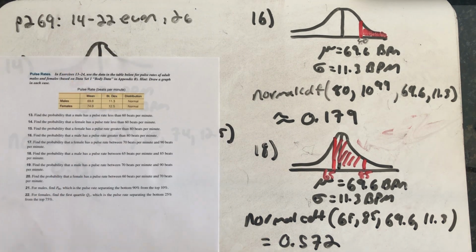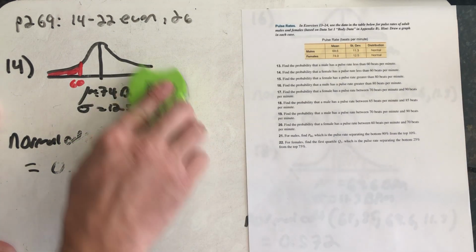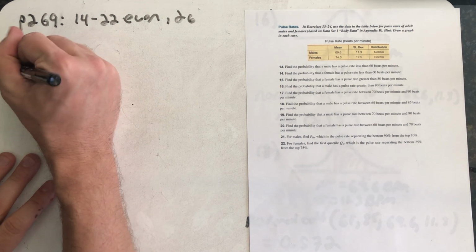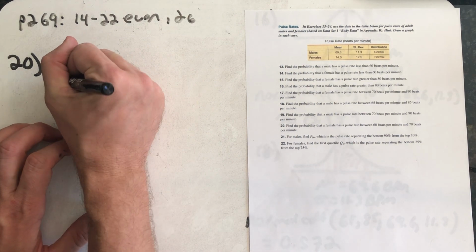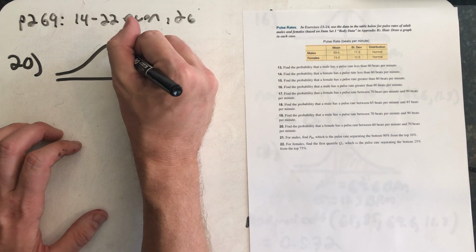All right, well, we're doing the ones between 14 and 22, so we just have a few more to go. Let's do number 20. Find the probability that a female has a pulse rate between 60 and 70 beats per minute. All right, this time we're back in the distribution for females.